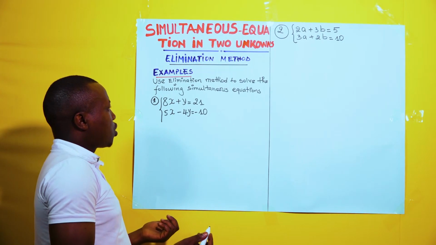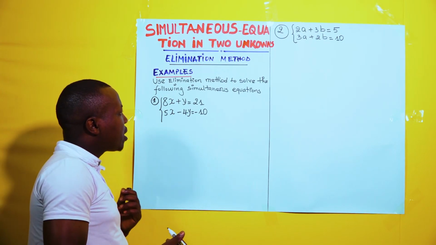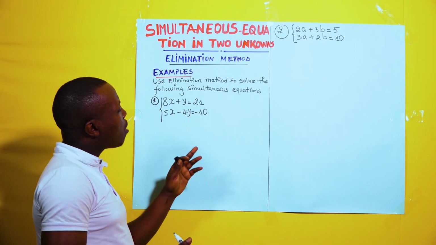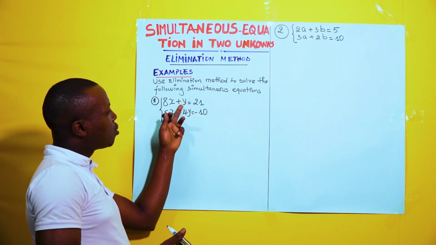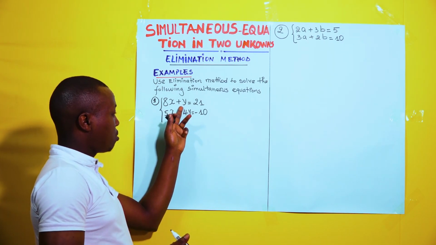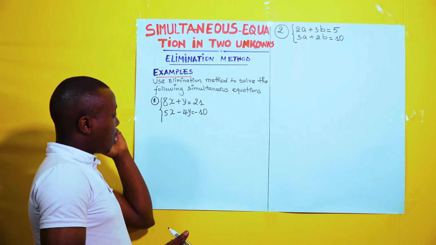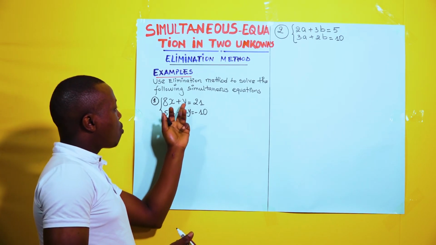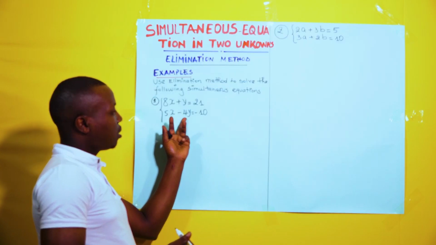So let us choose to eliminate y. So we are looking for a number that we can multiply on the first equation, so that when we add the second equation, this y and that y will cancel each other.